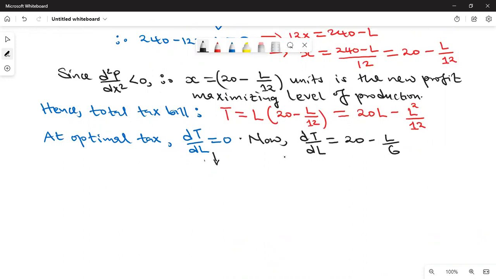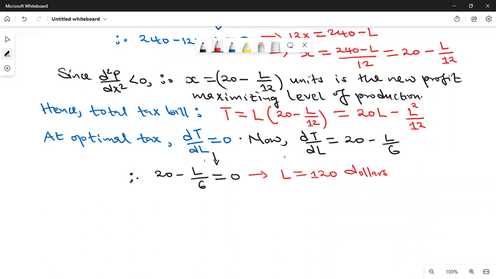Therefore, (20 minus L) over 6 is equal to 0, of which if you solve for L, you get L equal to 20 times 6, that will give us 120. L is equal to 120. But we also need to know, this is in dollars. That is $120.